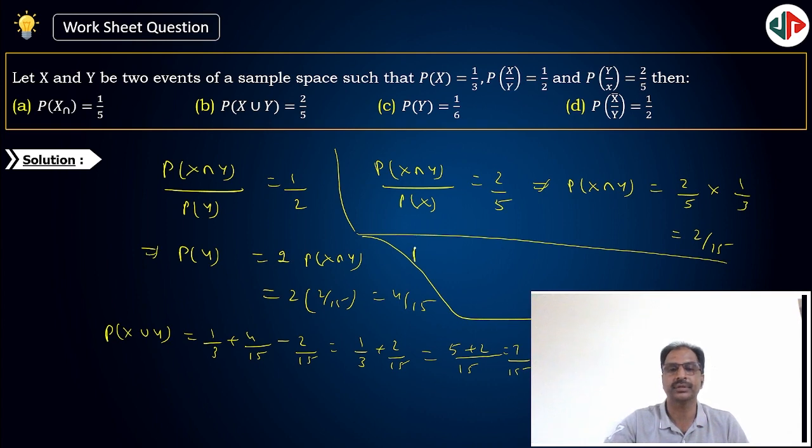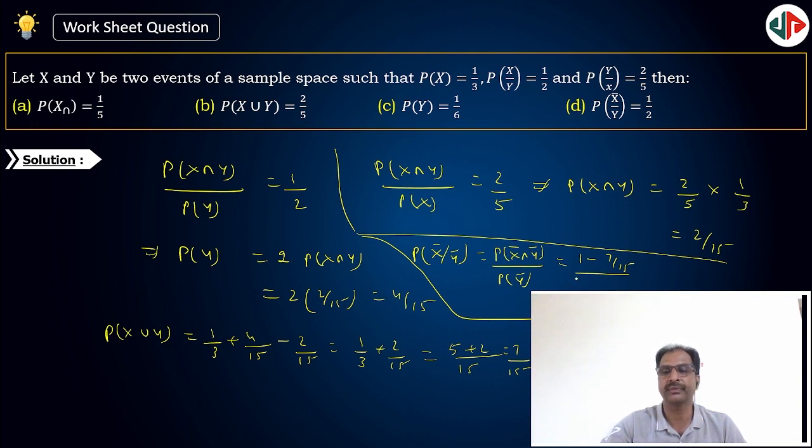Let us check the last option, P of X bar given Y bar. This is nothing but P of X bar intersection Y bar by P of Y bar. X bar intersection Y bar is X union Y whole bar, which is 1 minus P of X union Y. P of Y bar is 1 minus 4 by 15, 11 by 15. So this is 8 by 11.